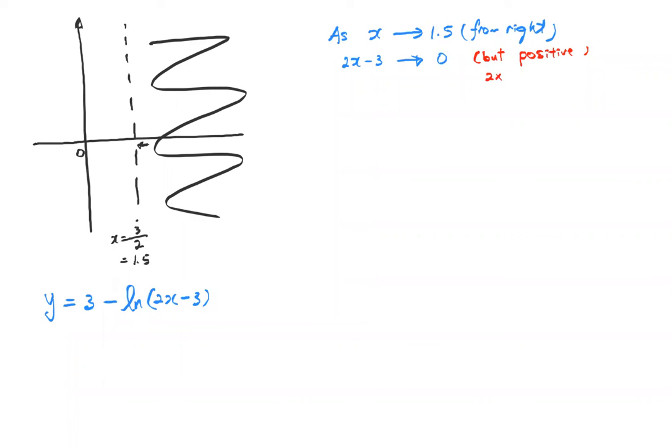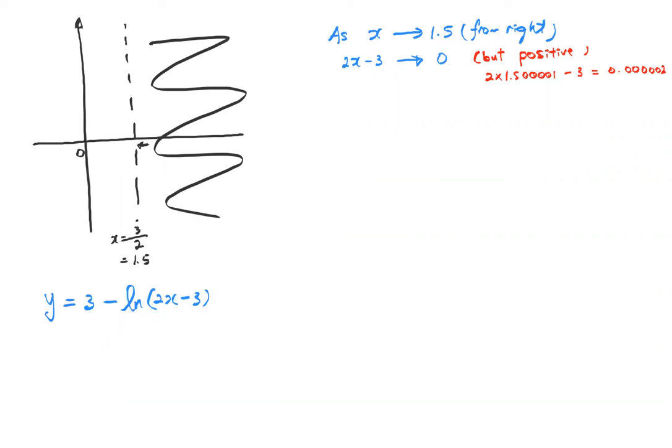When I say near to 1.5 from the right, I say 1.5000001. Can or not? Then I take away 3. 1.5 times 2 is 3. Correct? So this one will be 0.0000002. All right. So that's why it approaches 0.